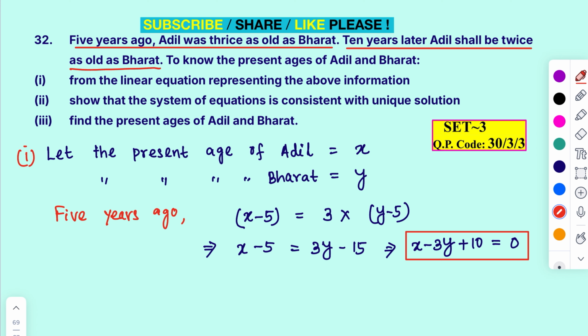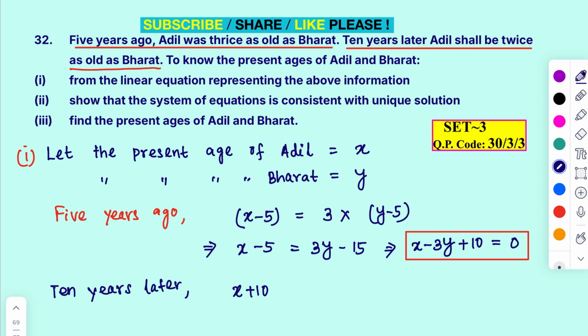Now we have to find the second linear equation, and we will get it from the second statement. That means 10 years later, the Adil age will be x plus 10.